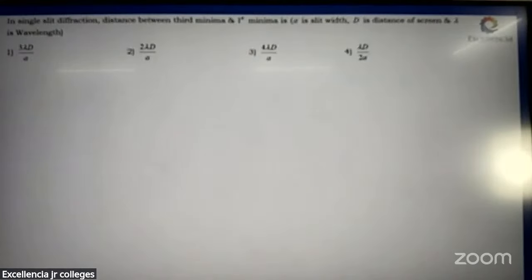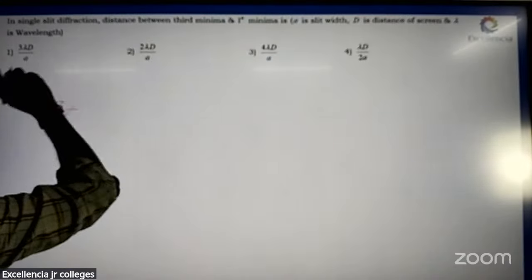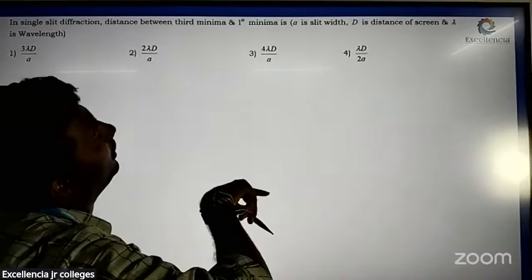In wave optics they given single slit diffraction, students. Single slit diffraction, the distance between the third minima and first minima is asked.